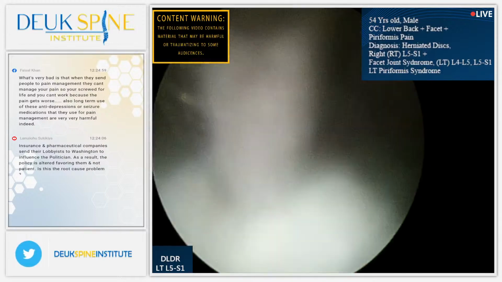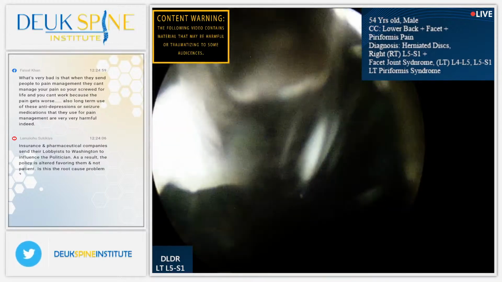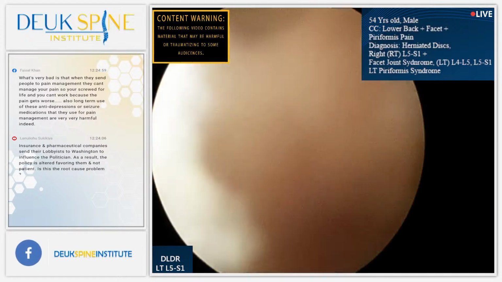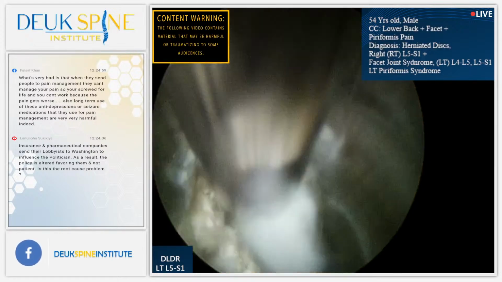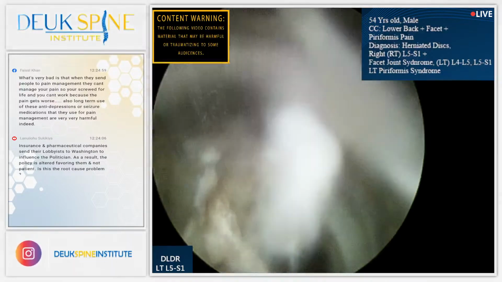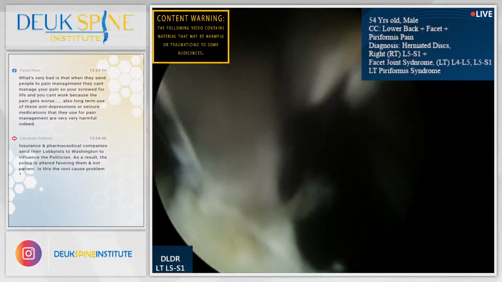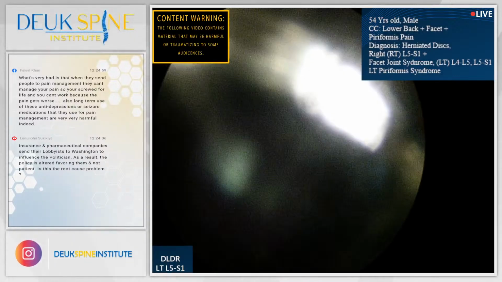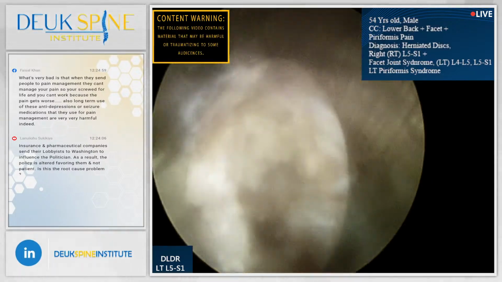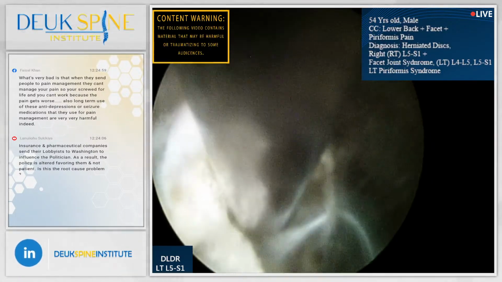So, sorry. Insurance companies, pharmaceutical companies, lobbyists? Yes, insurance and pharmaceutical companies send their lobbyists to Washington to influence the politicians. As a result, the policy is altered, favoring them and not the patient. That's right. Is this the root cause problem? Yes, it is the root cause problem.